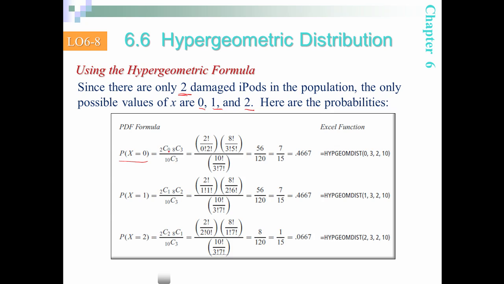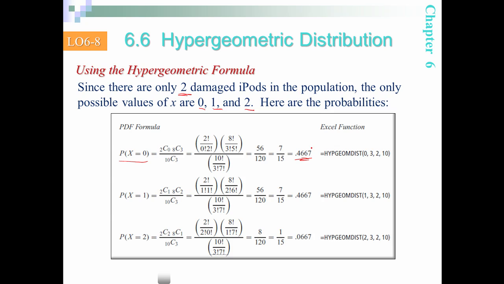It's 2 choose 0 times 8 choose 3 divided by 10 choose 3. Now notice if I add the 2 plus the 8, I get 10. If I add the 0 plus the 3, I get 3. So that's a quick check you can make. That's always going to be true. So this is just 2 choose 0. Here are all the calculations, and we get 0.4667.